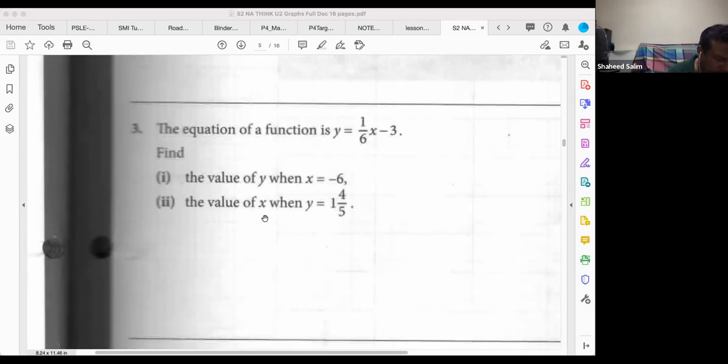Find the value of, can you find? This one, remember to change to improper fraction.